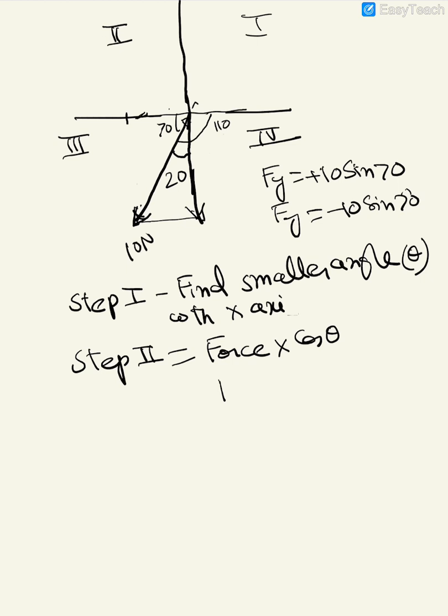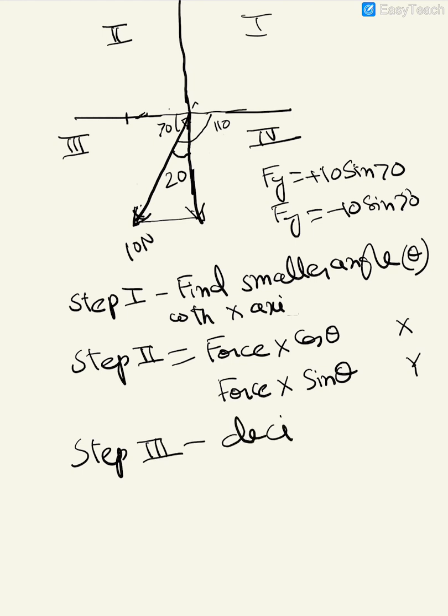And force into sine theta will give the magnitude of the resolved force along y-axis. This is x, this is y-axis. Their signs will be decided in step 3. Decide the sign after considering the direction of the force, whether the force is away from the origin or towards the origin. So these are the 3 steps.